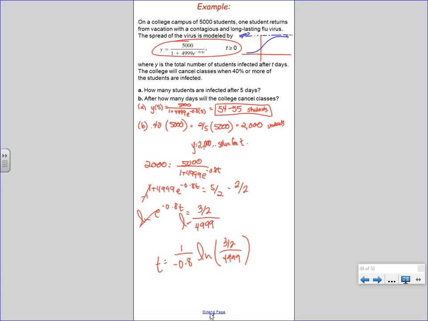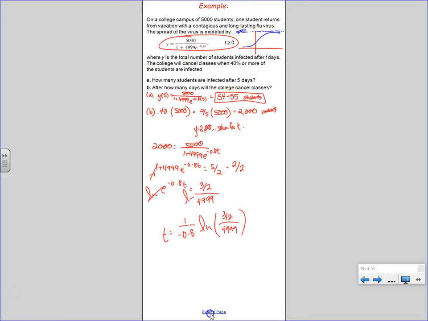So what does that mean in context with the problem? You have to understand this. 10 to 11 days. They will shut it down. Don't need to round it, right?